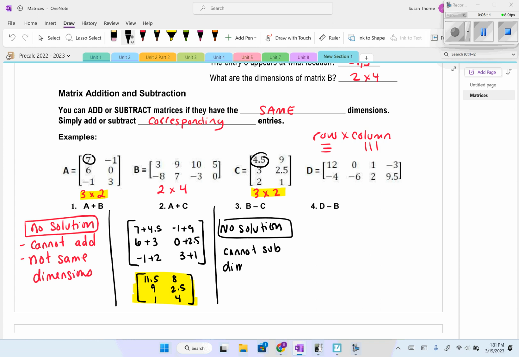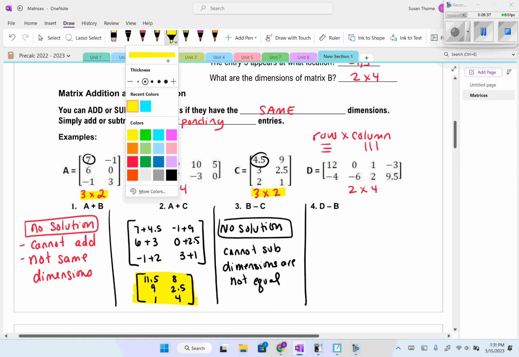Dimensions are not equal. And then looking at the last one, we have matrix D minus matrix B. So we need to figure out the dimensions of matrix D. It has 2 rows by 1, 2, 3, 4 columns.